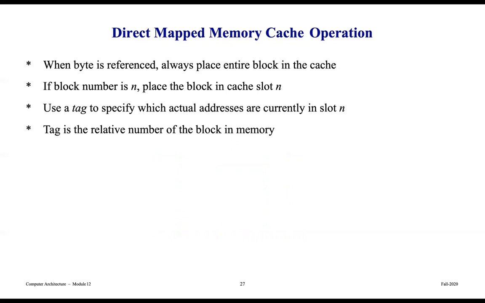Well, how does a direct mapped memory cache operation work? When a byte is referenced, it always places the entire block into the cache. If the block number is n, it places the block in cache slot n. We use a tag to specify which actual addresses are currently in slot n, so the tag is the relative number of the block in memory.